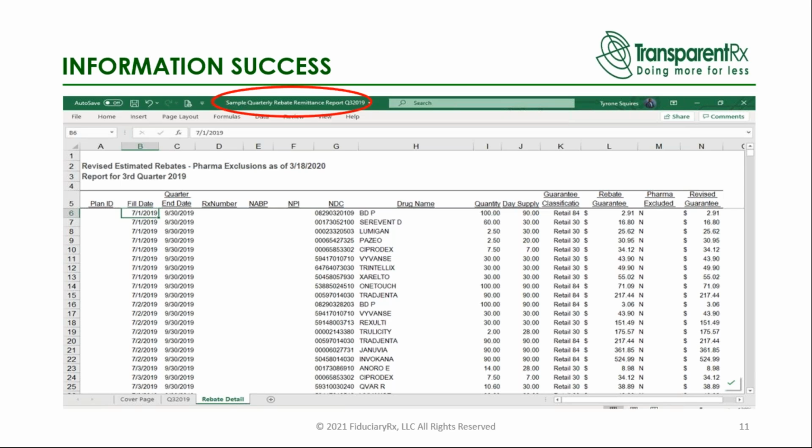And in that document, every claim that was eligible for rebate is included. Additionally, the amount of rebates that were being paid is included in that document at the NDC level, at the claim level.